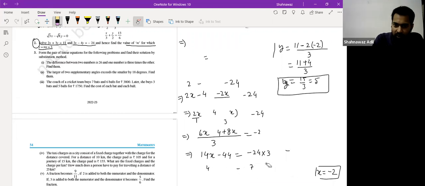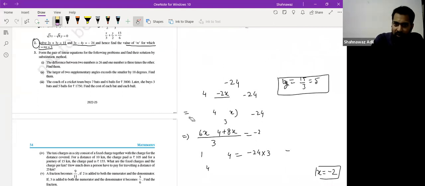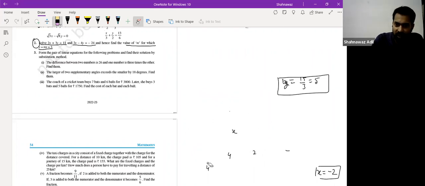So they are asking to find M. So this is easy. We just keep the value of Y and X and then find the value of M. So they are telling that we have to find the value of M for which Y is MX plus 3.